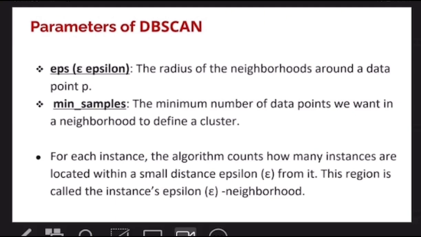So these are two major parameters. And let me tell you this. One of the limitations of this method: cities have varying density of crime, right? If you use the same neighborhood distance across cities, then you're going to be wrong.